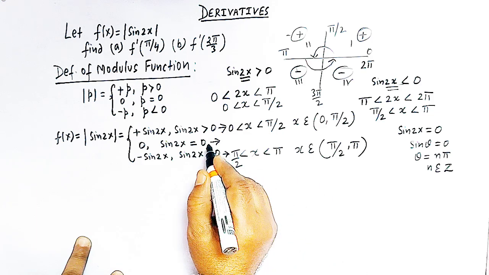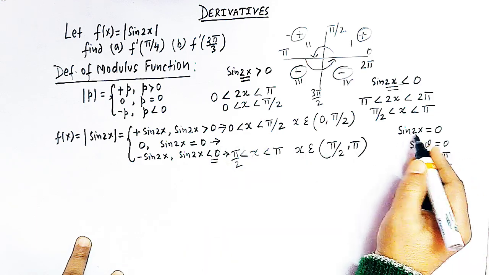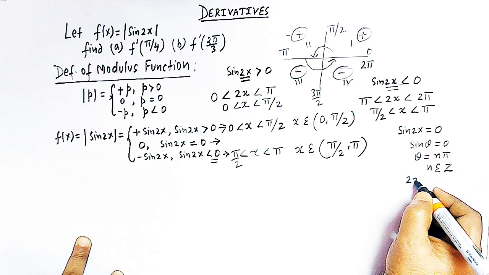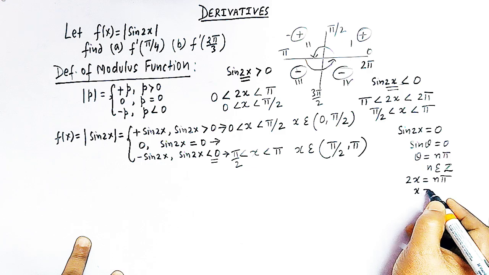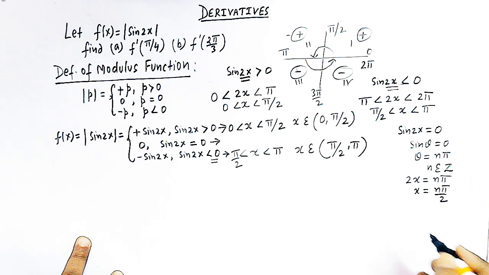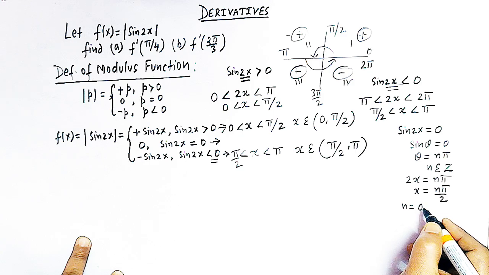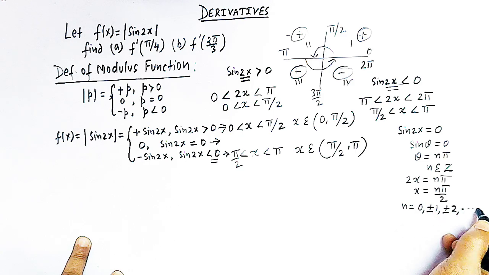So here we can consider the general case. Sine 2x is 0 when 2x is equal to n pi, right? So x can be written as n pi over 2, where n is some integer, that is 0, plus or minus 1, plus or minus 2, and so on.